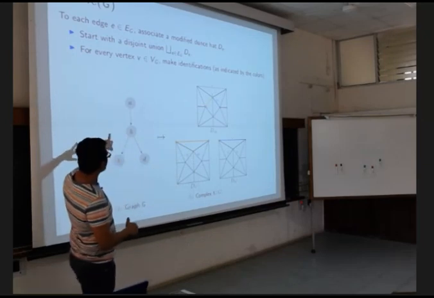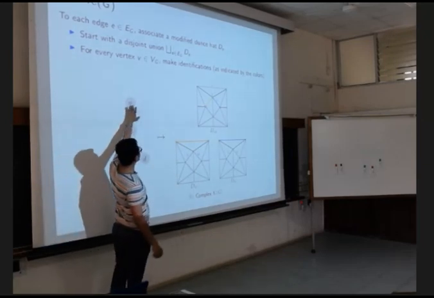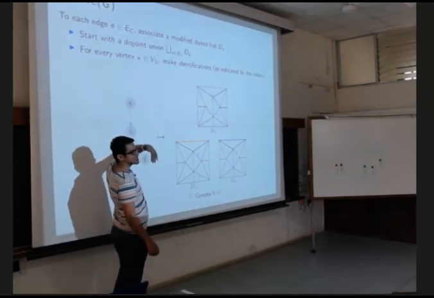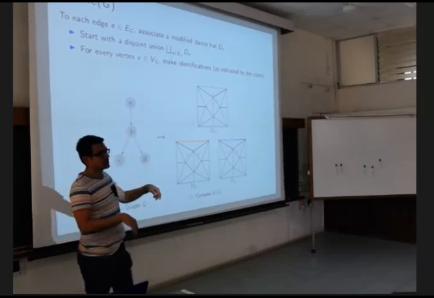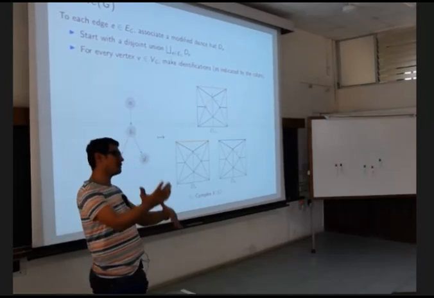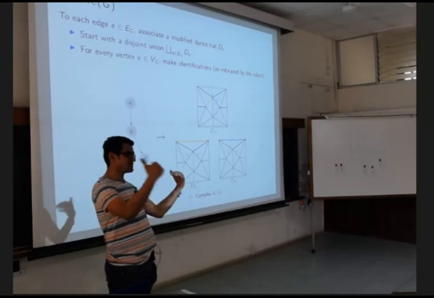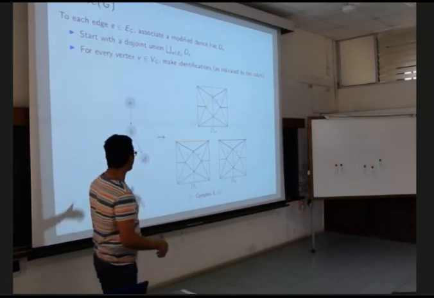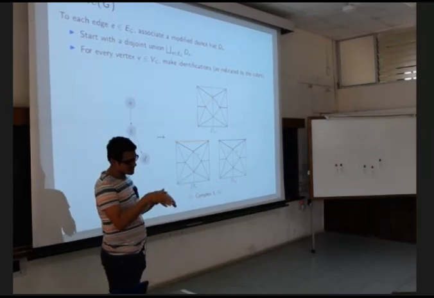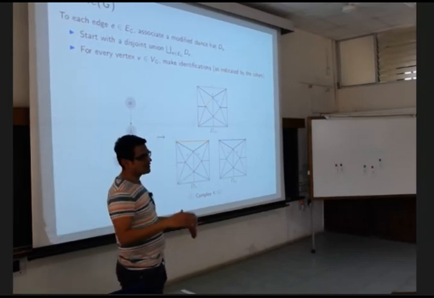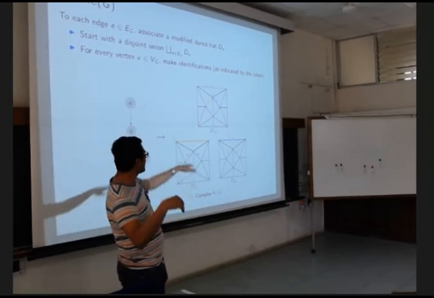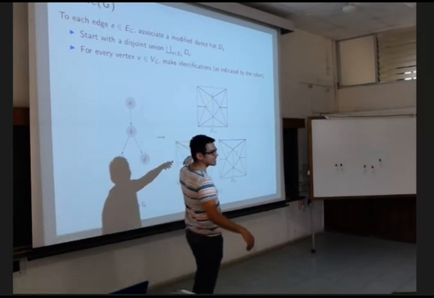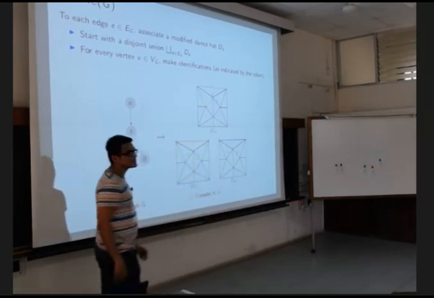So that's the idea. If vertex A has no incoming edges, then the edges that come out of A will have dunce hats which will have free faces. And if you have anything that's incoming, then the edges that go out from that will have dunce hats that have free faces gone, meaning that they will be identified to something else.